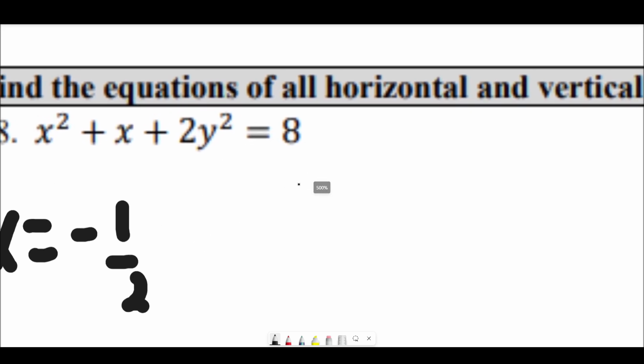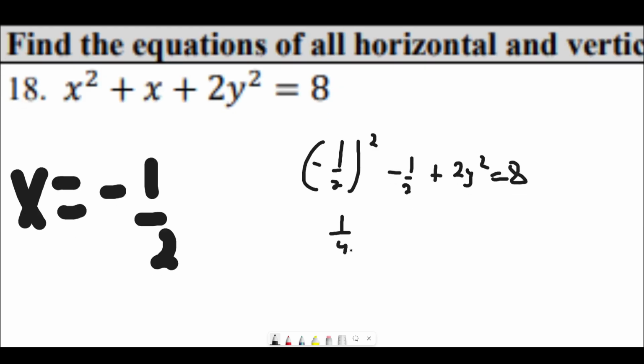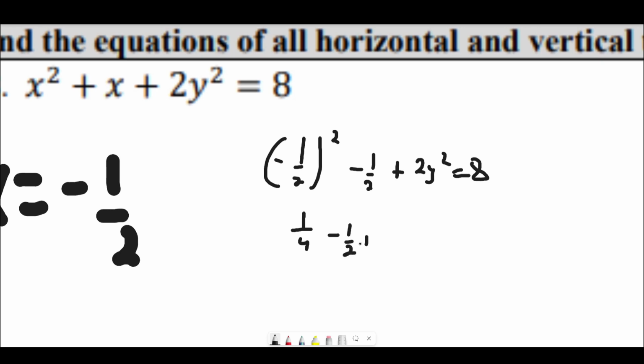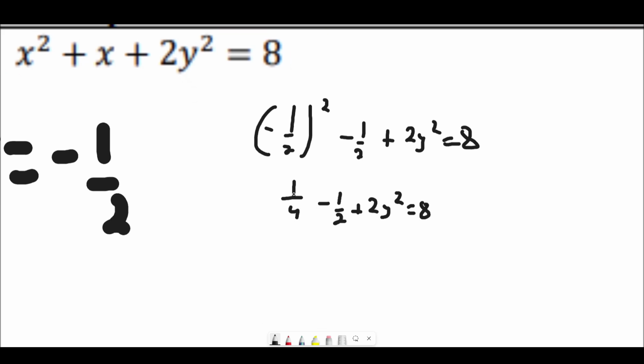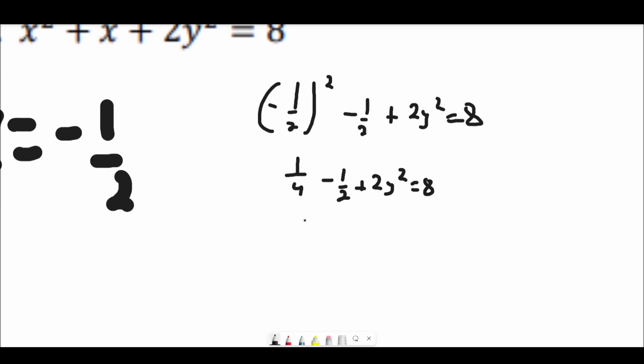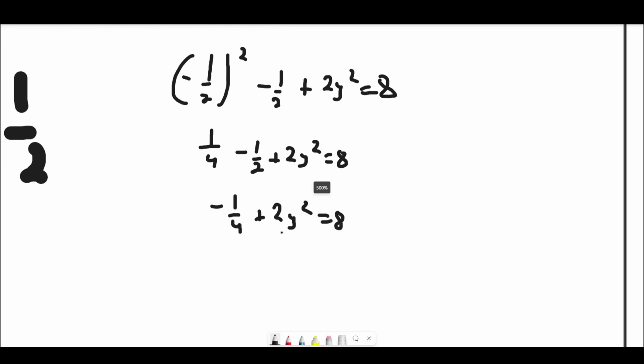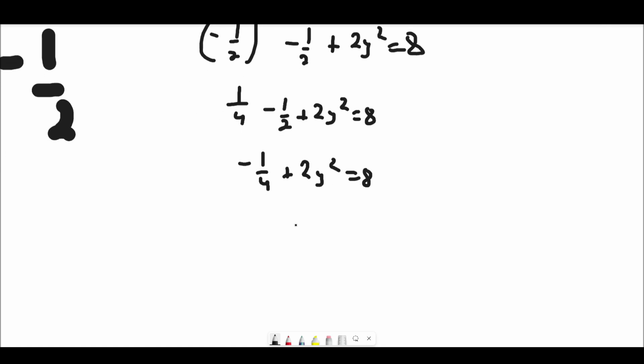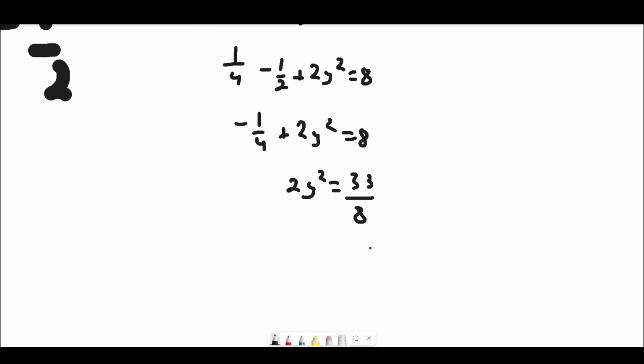So you're going to get negative 1/2 squared minus 1/2 plus 2y squared equals 8. And this is just going to be 1/4 minus 1/2 plus 2y squared equals 8. And then this is going to be negative 1/4 plus 2y squared equals 8.